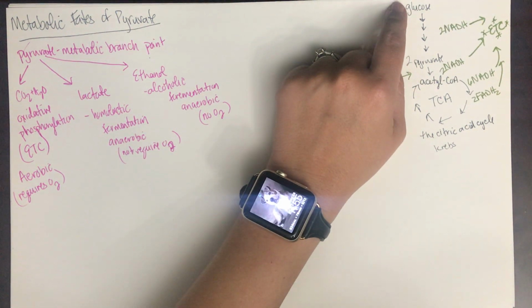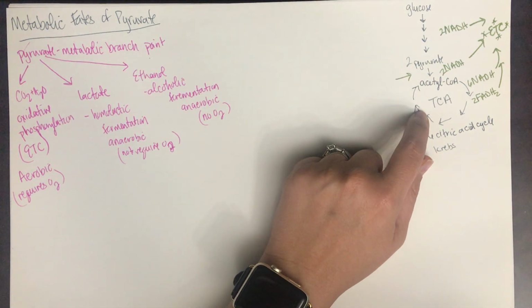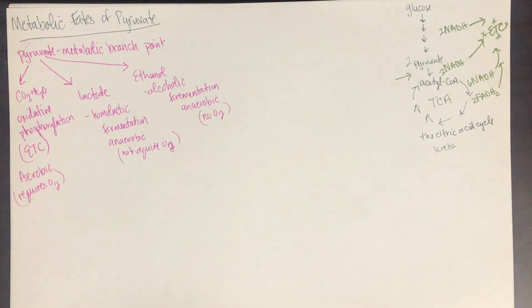So glycolysis, glucose to pyruvate, but pyruvate cannot enter the next step. That is going to require pyruvate being converted to acetyl-CoA. So that process happens through a group of enzymes, 3 enzymes together that are going to convert pyruvate to acetyl-CoA.